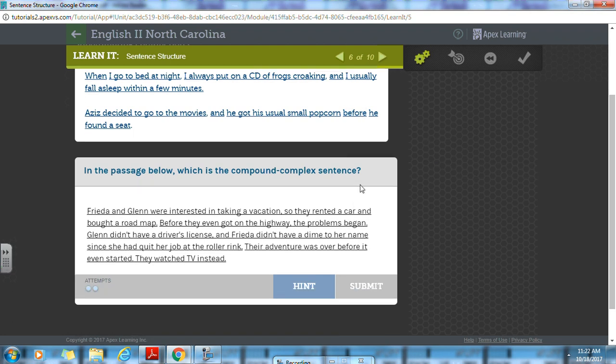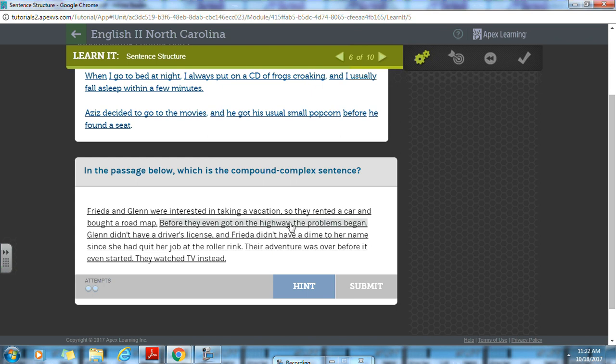In the passage below, what is the compound complex sentence? So this sentence right here, I don't see one of my subordinating conjunctions in this sentence. This looks like a compound sentence. Uh-oh. Before, I know that's one of my incomplete thought conjunctions.